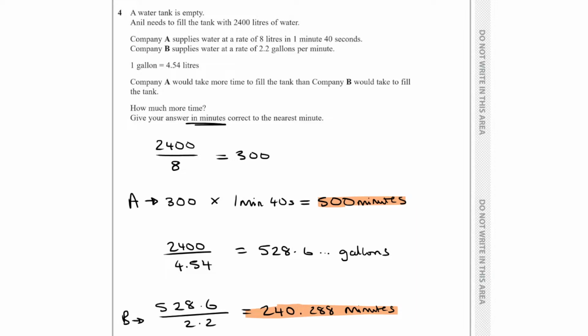And then I think it's more so company B that's more confusing, because they've also got this conversion. I feel like for company B, the time is easier because it's just per minute, but the volume is more difficult, isn't it?